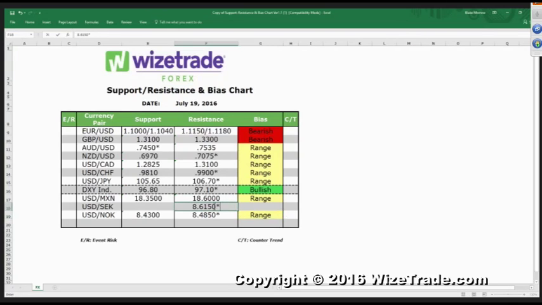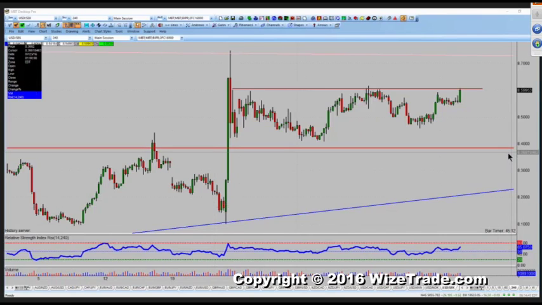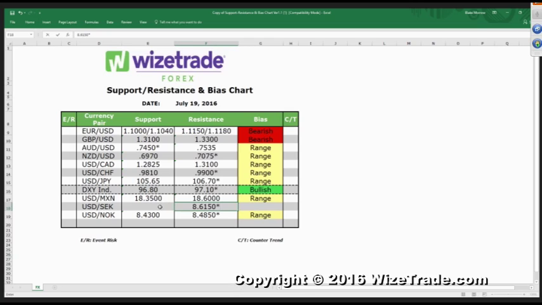And then support, same thing here with the Swedish krona. You don't want to see a break below 8.54. Because if you break through this support in the Swedish krona and the support in the Norwegian krona, then you've got failed breakouts, or failed rally attempts. So we're still in a range environment, but we're threatening to turn bullish in these.